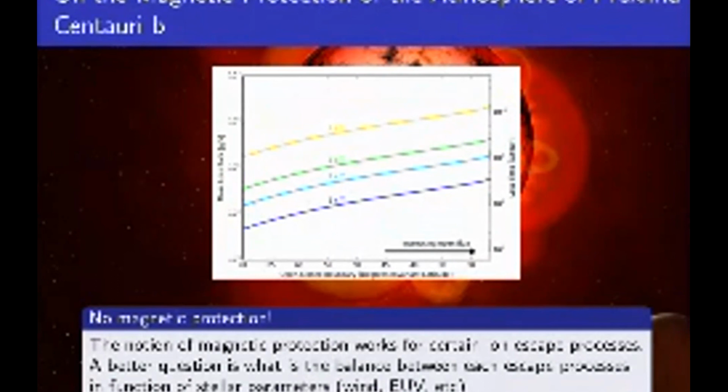And I was going to speak about the paper by Cathy Garcia-Sage on the escape due to polar escape. So ambipolar, we create an ambipolar electric field that leads to ion escape at Proxima Centauri B.